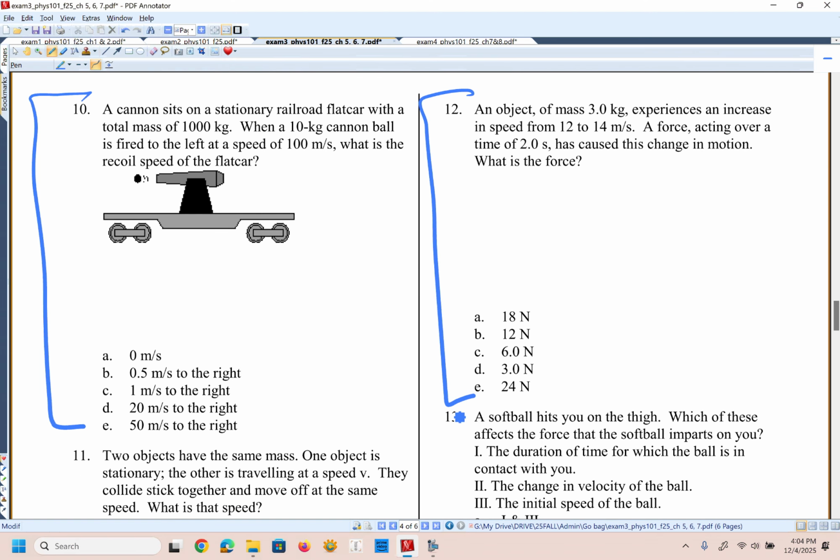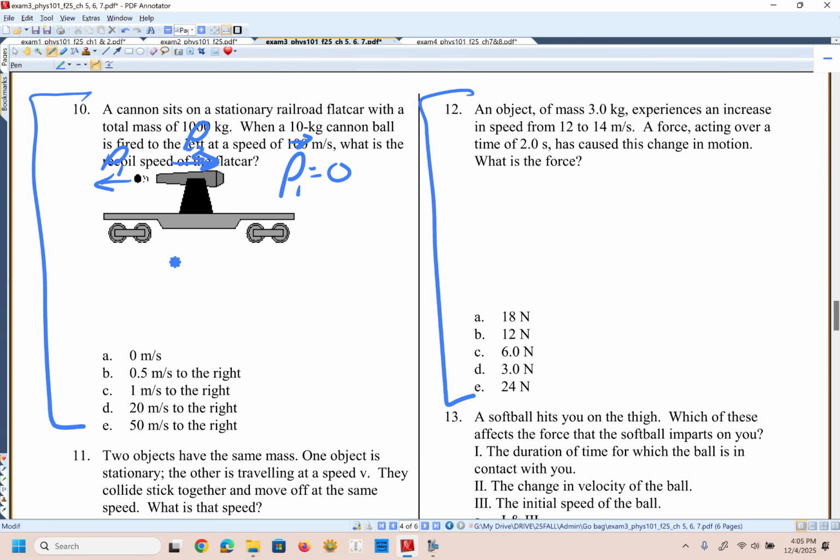Yeah. So number 10 is a conservation of momentum problem. Initially, it's just sitting there. The cannon is sitting on this railroad car, and it has an initial momentum equal to 0. But then, after it shoots a cannonball, that cannonball has a momentum in that direction, and the cannon will have a momentum in that direction.